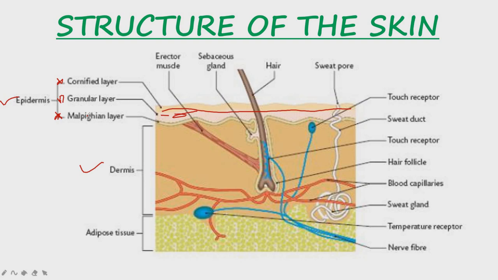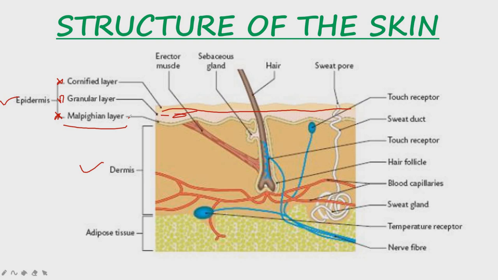We have two major pigments that we will see in the malpighian layer. The layer of the epidermis that is pigmented is the malpighian layer or the germinative layer. It is because of the presence of this pigment that the name malpighian emanates. The pigments we are talking about here are melanin and keratin. These are the two pigments found in the malpighian layer.